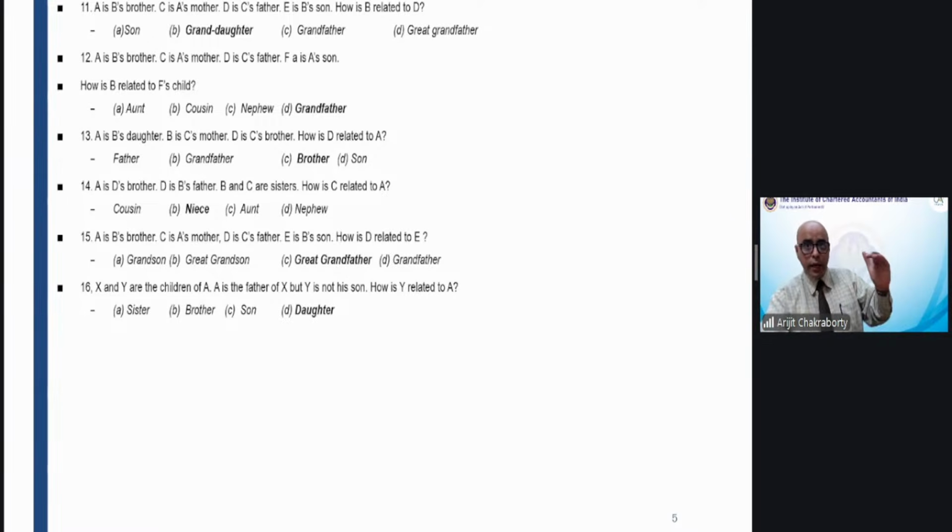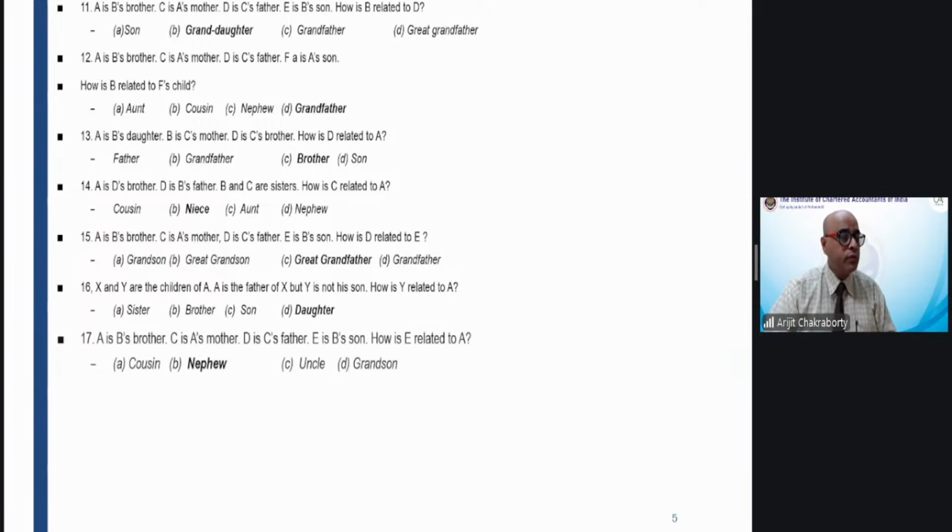So A is the father of Y, but Y is not his son. That means what? That means Y is his daughter. Y is A's daughter. Yani Y का जो gender वो निकलता है female. Question is, how is Y related to A? So you can easily understand question number 16. Y is the daughter of A.